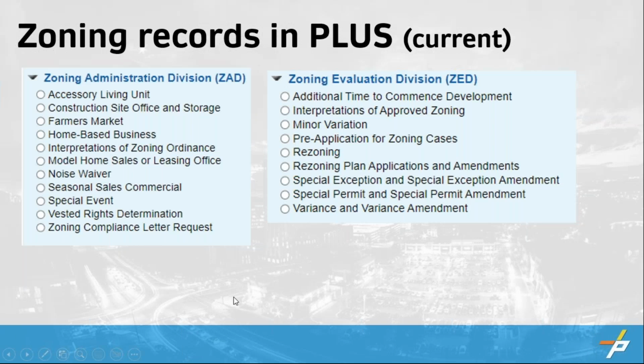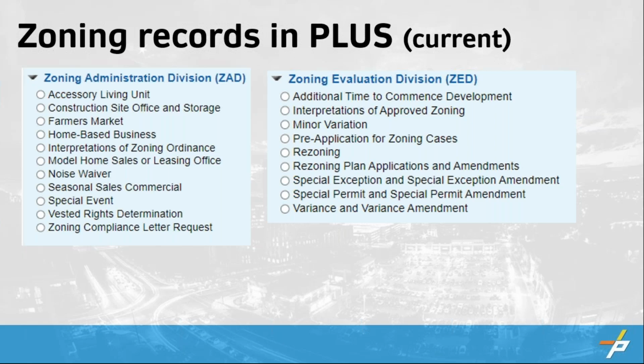So this is what is currently available in PLUS Production, and we'll see this during the demonstration. For zoning, we have 2 divisions, an administrative division and an evaluation division. And this is a view of all the different types of applications you could apply for right now in PLUS Production. Many residents apply for the administrative types of applications, such as home-based businesses and accessory living units.